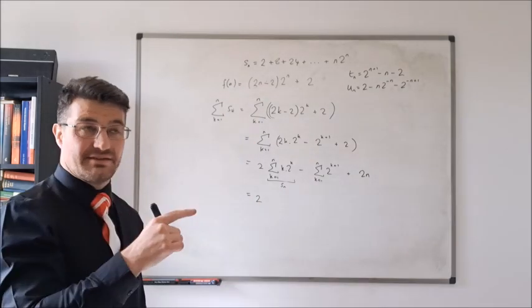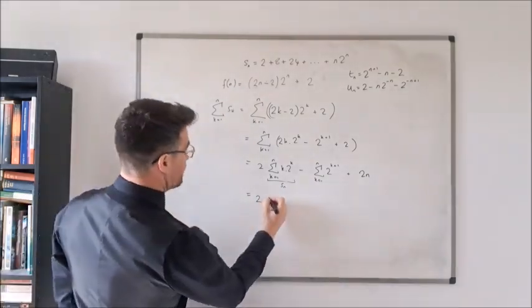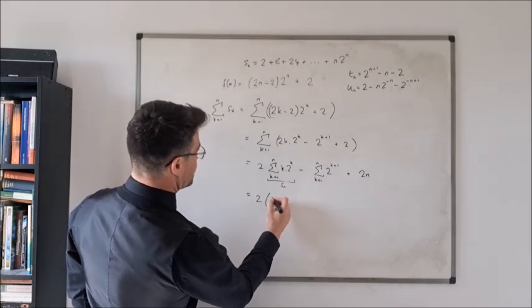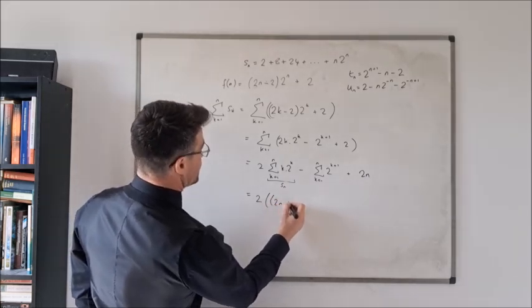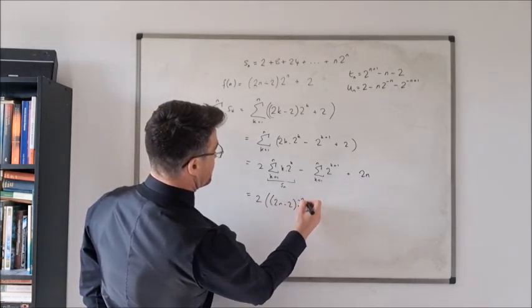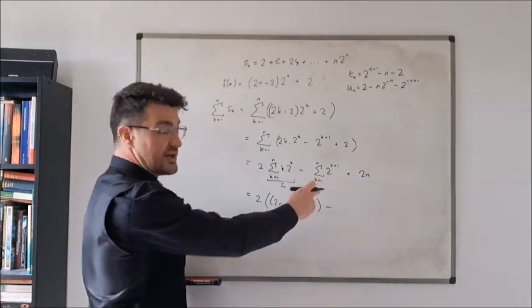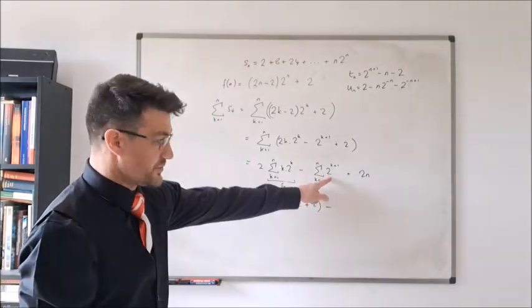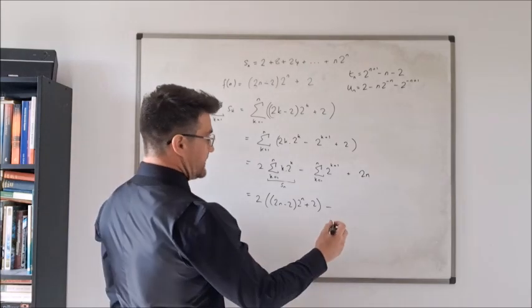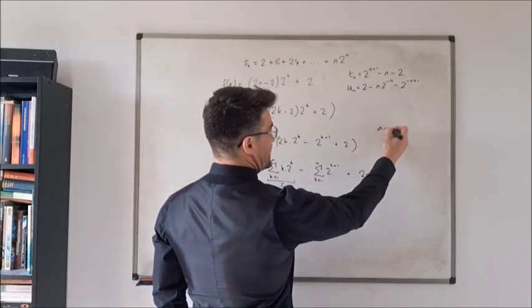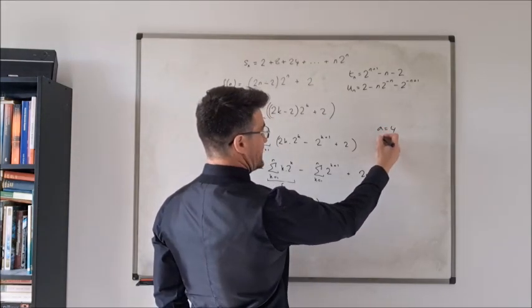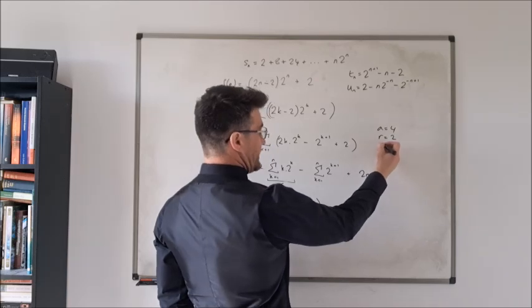Remember, Sn is equal to Fn. Bingo. So we get (2n minus 2) times 2 to the power of n plus 2, minus, this is just a geometric progression. The first term, a, is going to be equal to 4. The common ratio is 2.